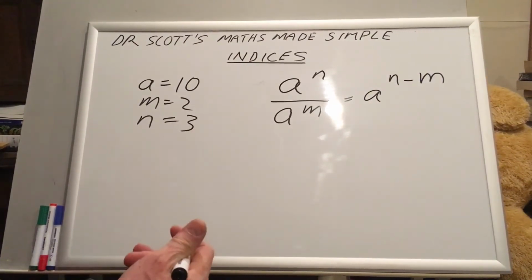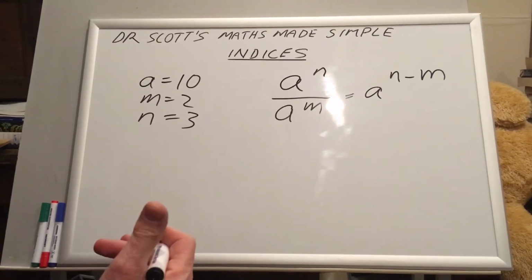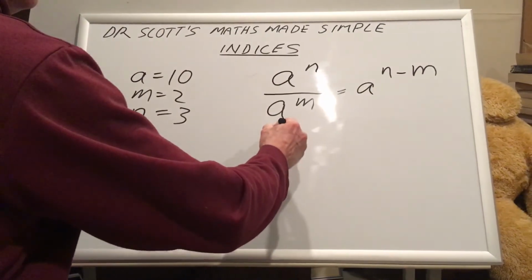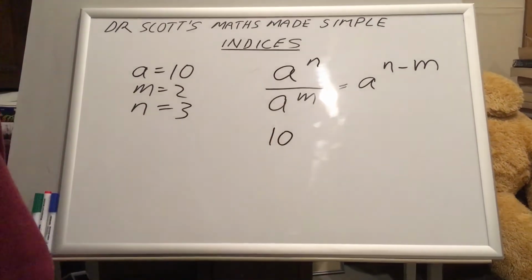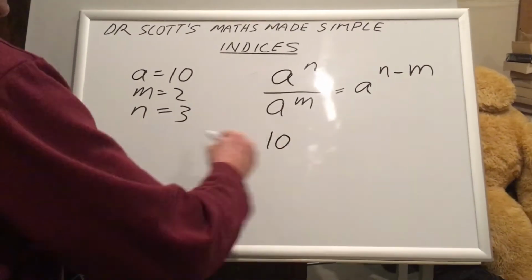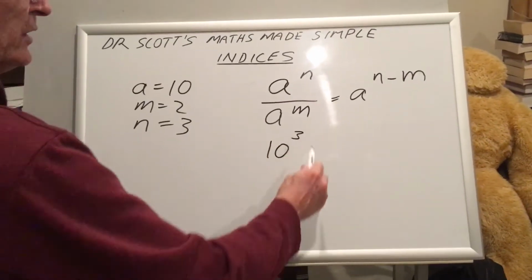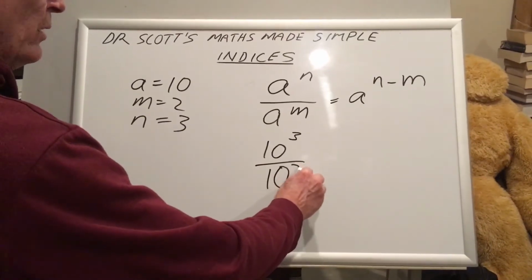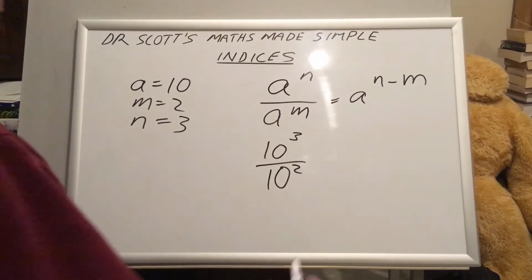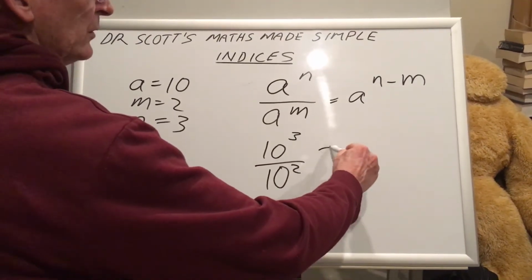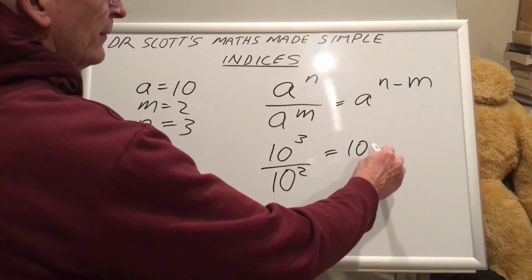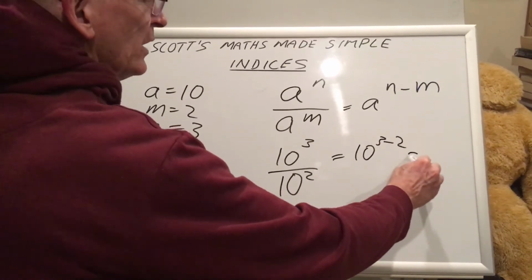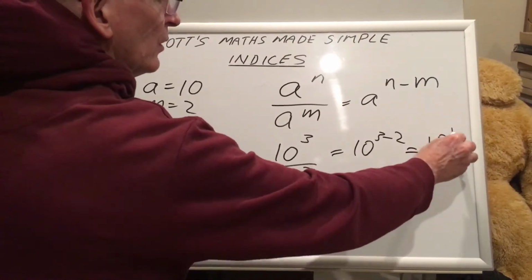Well, that would be a ridiculous thing to say, and I'm just saying that to see if you're listening. Okay, I'll be sensible. Let a equal 10, and again, let n equal 3. So 10 cubed over 10 squared, apparently, equals 10 to the 3 minus 2, which equals 10 to the 1.